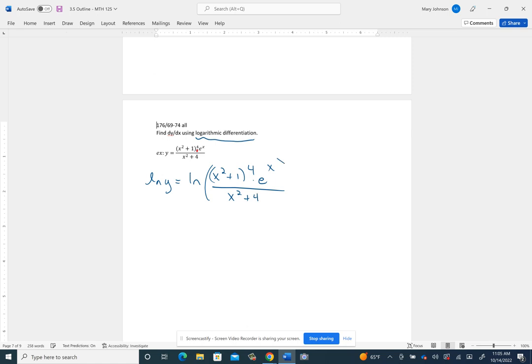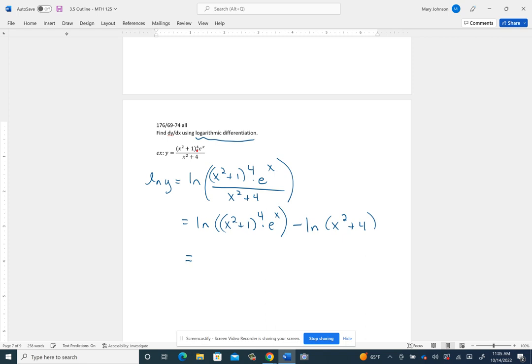Now I'm using the log properties, and that allows me to take the numerator, which is x squared plus 1 to the 4th power times e to the x, and then have the natural log of that minus the natural log of the denominator. So that's the quotient rule for logarithms.